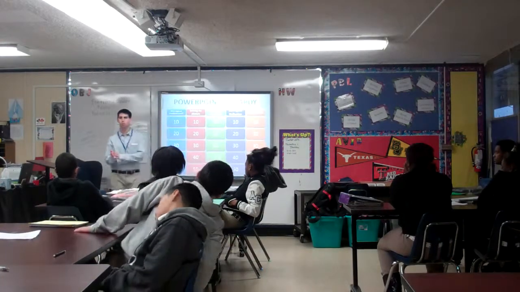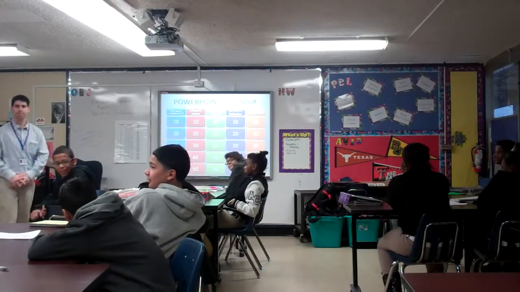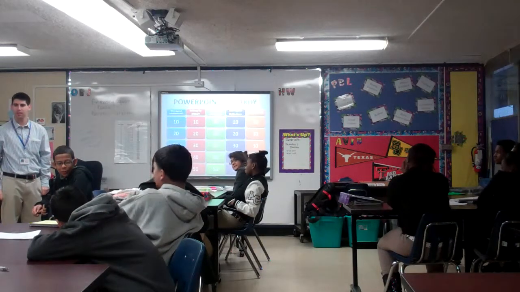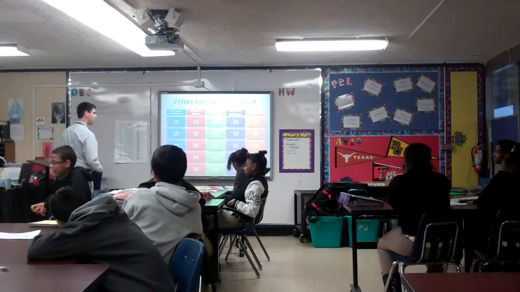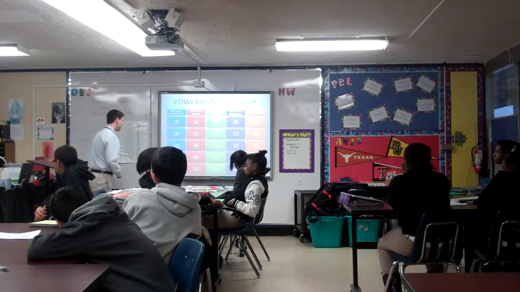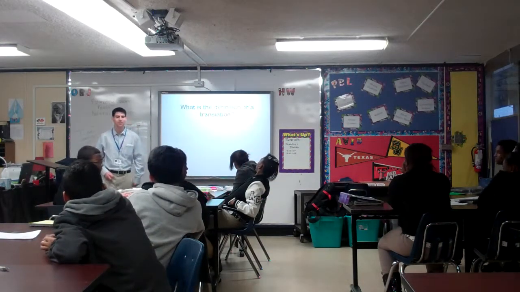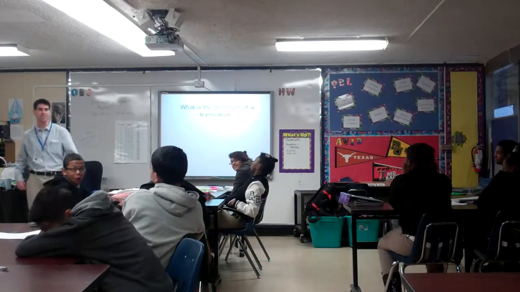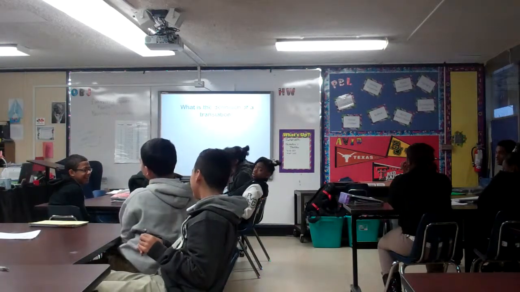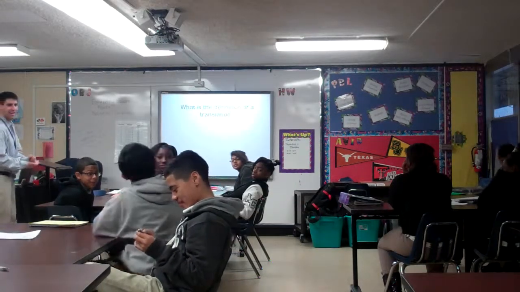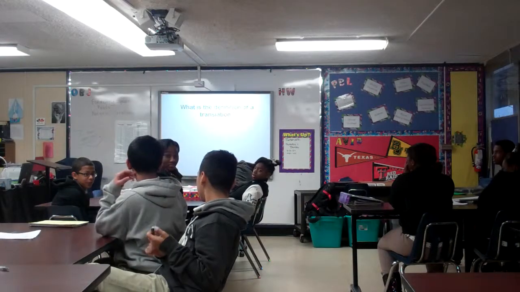All right, group 4, it's your turn. What do you want? We'll do solving for translation. 50? Got some risk takers here. All right, what is the definition of translation? You don't need a specific definition, just what you think a translation means.